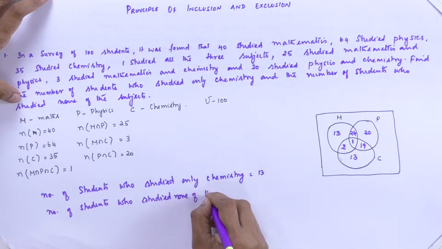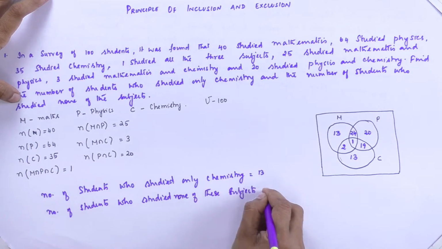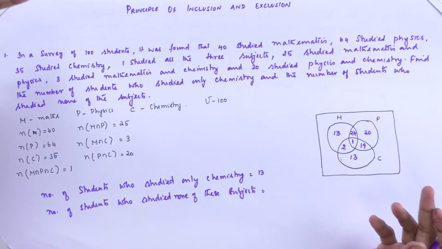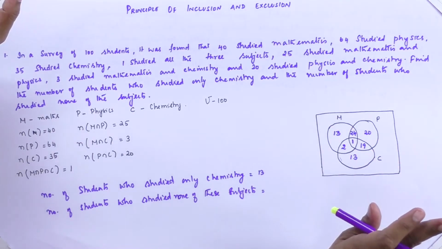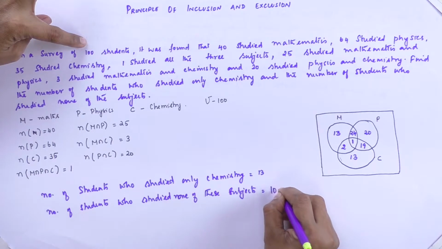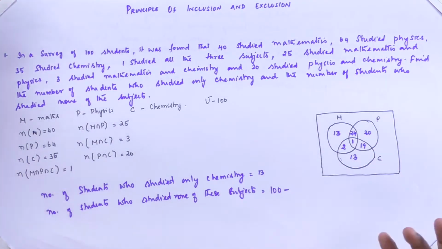None of these subjects. So what is it? There are some students who have studied either physics or maths or chemistry or a combination, whatever it may be. But the universal set, the survey, says it is 100. So 100 minus those who have studied either one, two or three subjects.